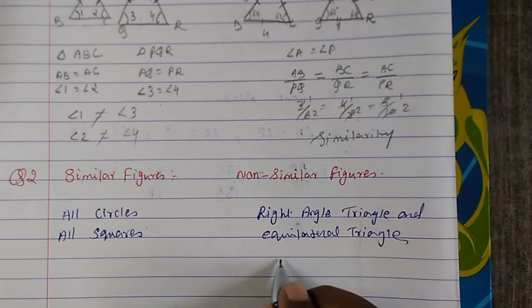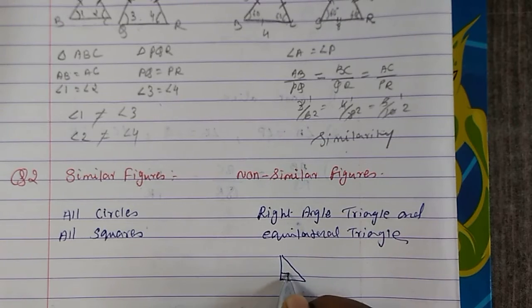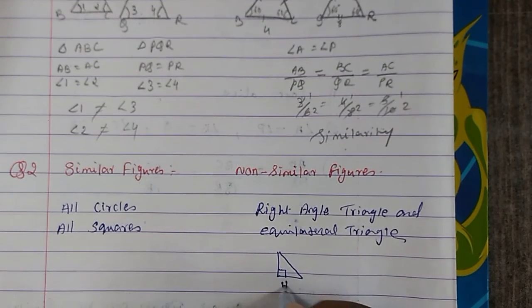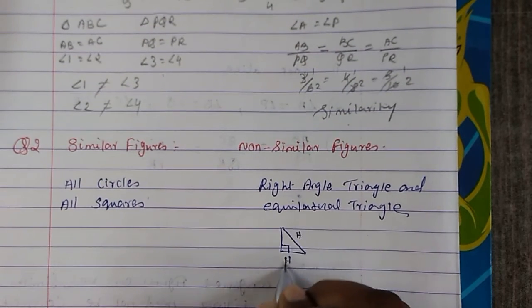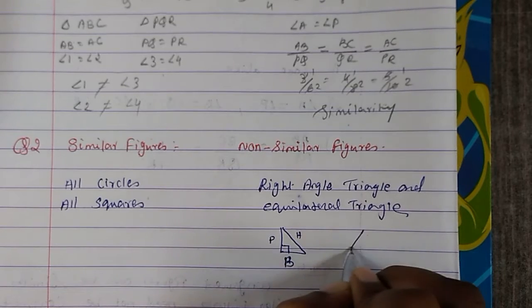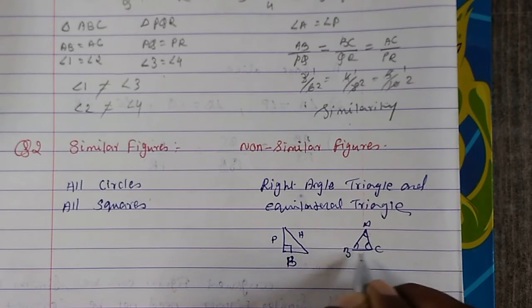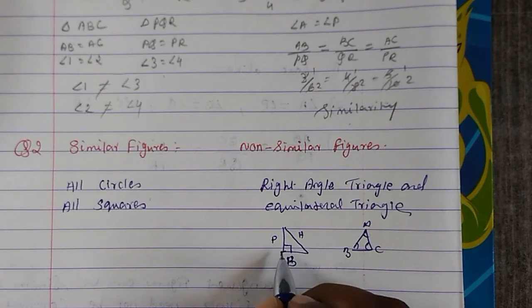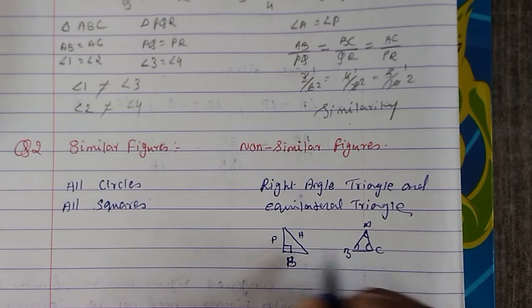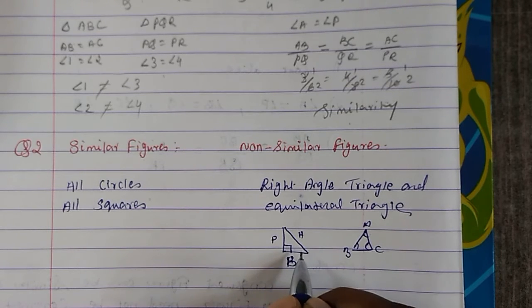A right angle triangle, you know, will have a 90 degree angle, then hypotenuse, base and perpendicular. An equilateral triangle means all angles will be 60 degrees. So here the angles differ, no angles are equal here. Here it is 60 degrees, here it is 90 degrees and two acute angles.